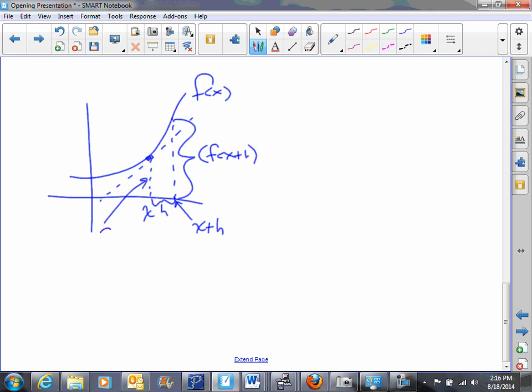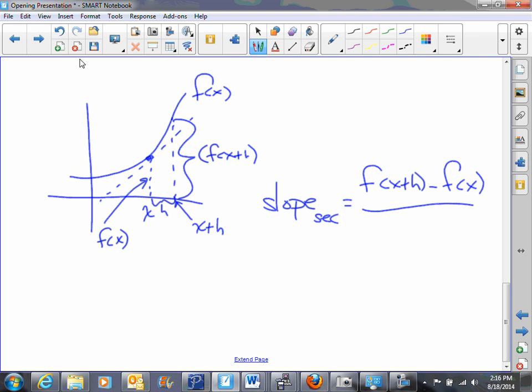This y value is f of x. And so the slope of the line that is the secant through these 2 points is y2, that's f of x plus h, minus y1, that's f of x, over x2, x plus h, minus x1, that's h. I'm just going to write h because notice that x plus h minus x is just equal to h.